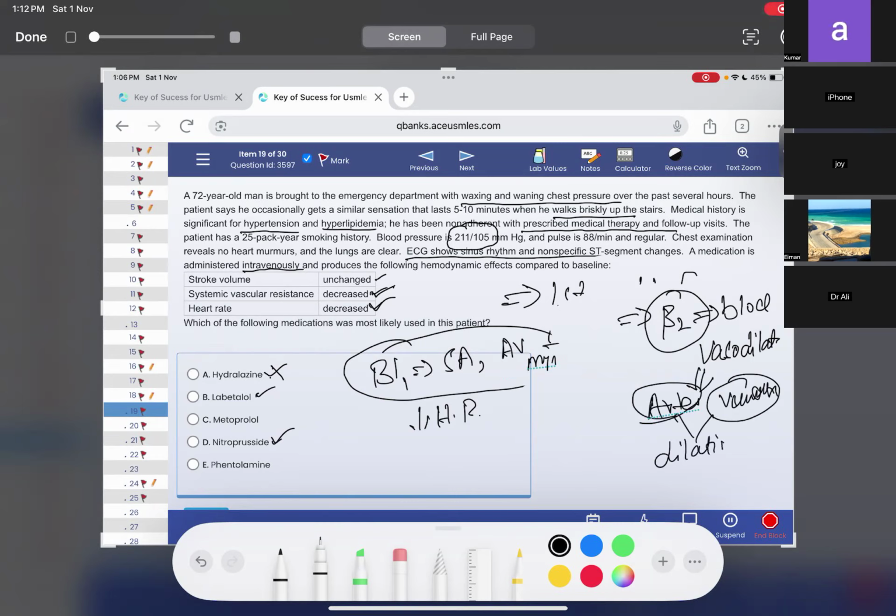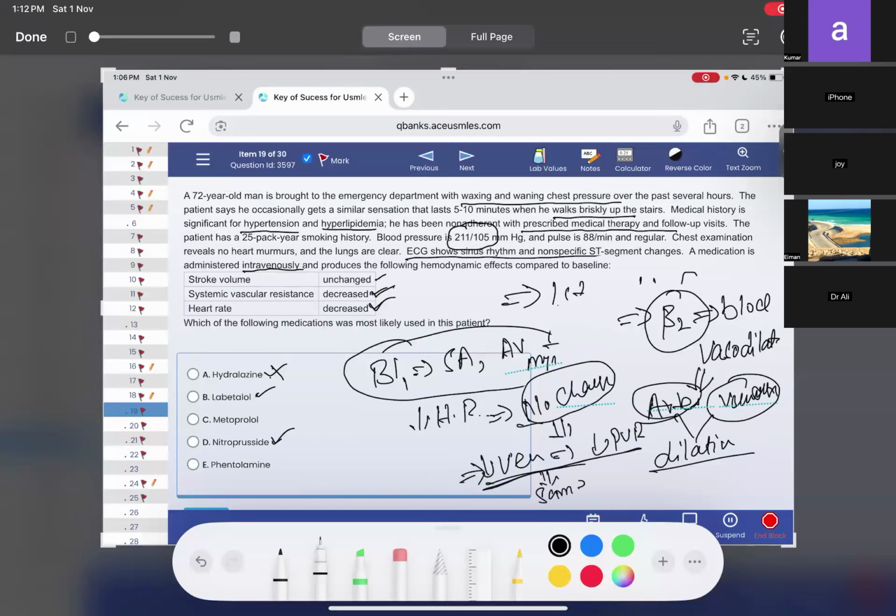Due to both dilations, there will be no change in stroke volume, because when the venous return is decreased, there is also a decrease in peripheral vascular resistance. Both of these have the same effect, so the stroke volume will remain unchanged. Clear?